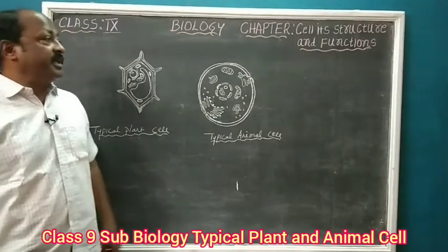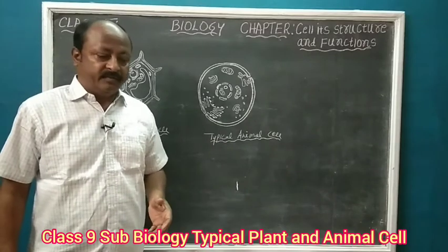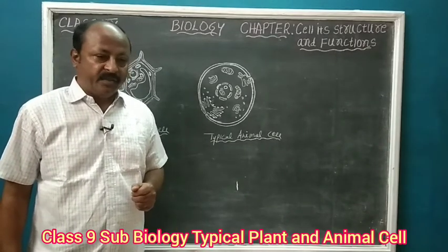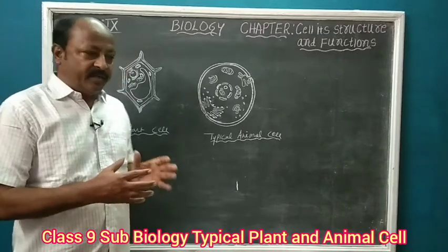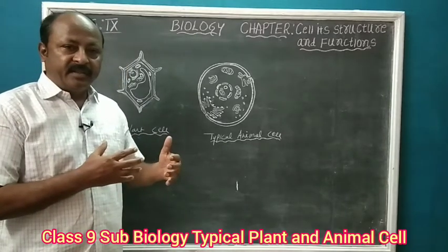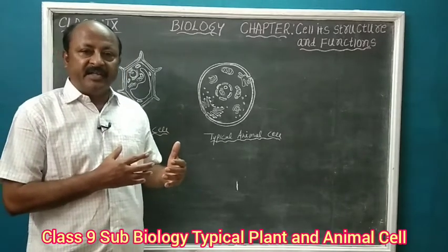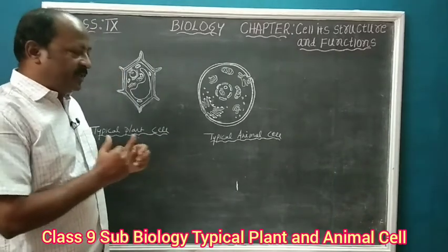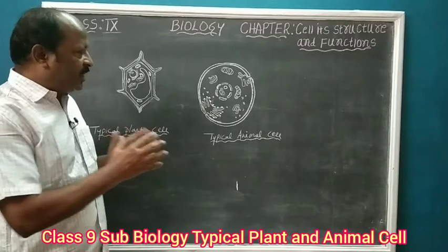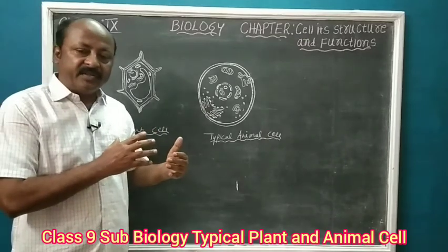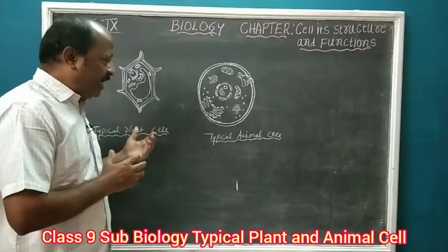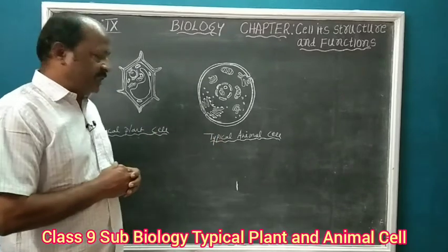As we have studied, a typical cell provides us the way to study the cell. That means we can compare the cells and study about the similarities, differences, all those things. So here let us try to understand the similarities and differences between the plant and the animal cells.